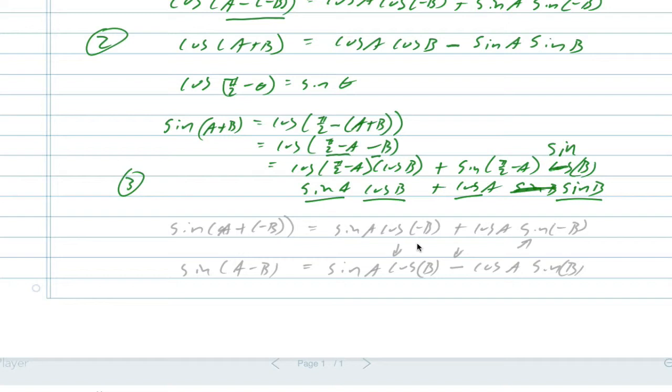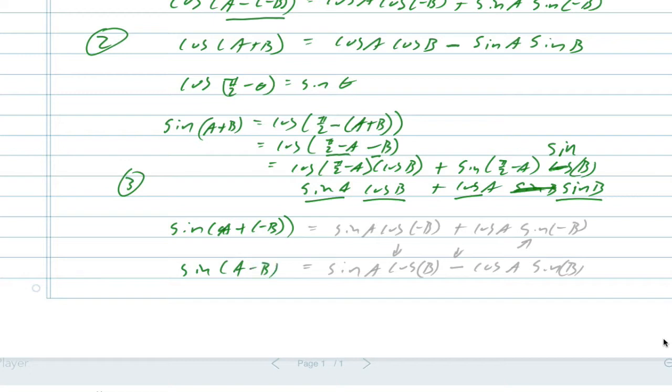And on the bottom of this page, we're going to fit the fourth identity. And we're going to do the same thing here. We're going to say sine of A plus negative B. That will end up being sine (A minus B).